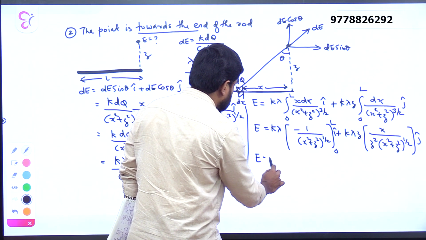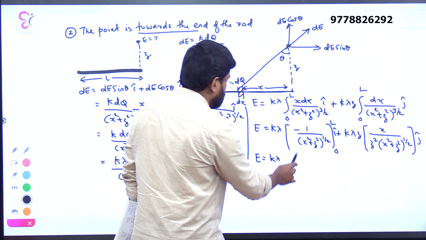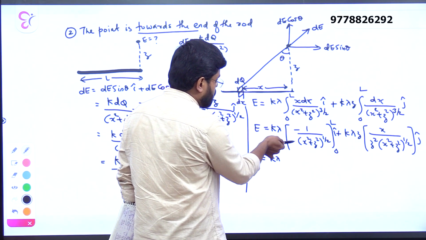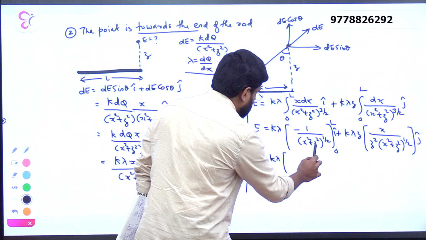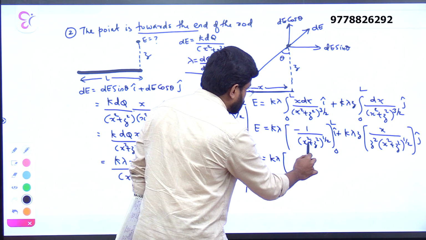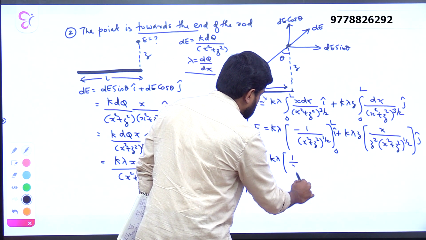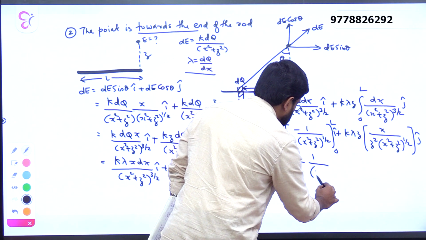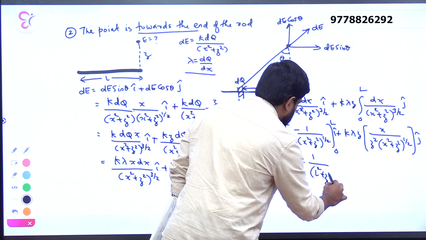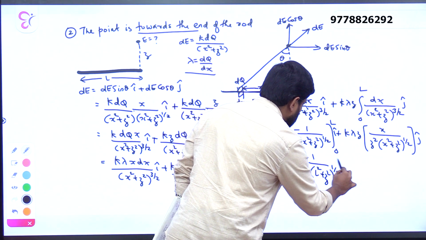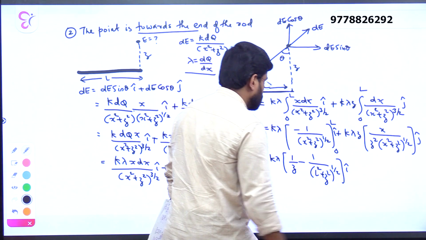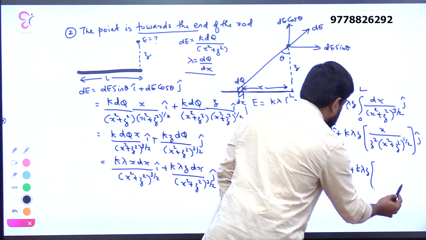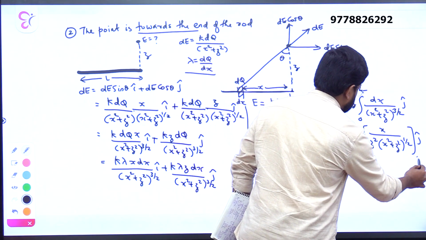E equals k lambda into, this is negative, so you can substitute the lower limit. If you substitute the lower limit, x is equal to 0, it is 1 by z minus upper limit is 1 by L square plus z square whole power 1 by 2 in i cap direction, plus k lambda z into, just substitute the limits.